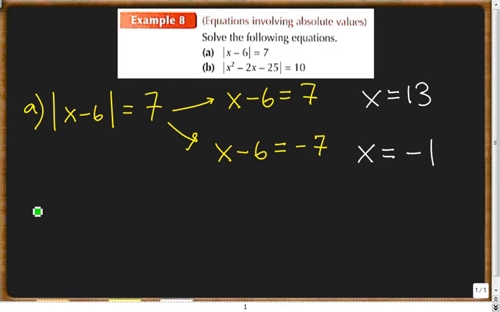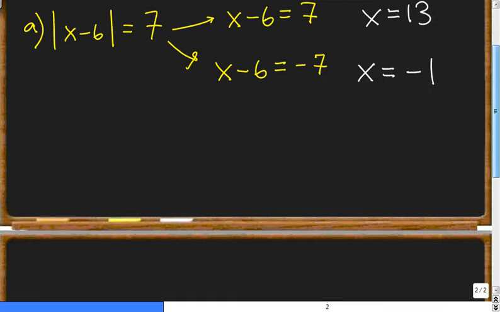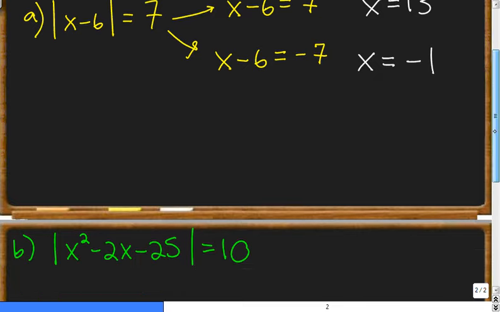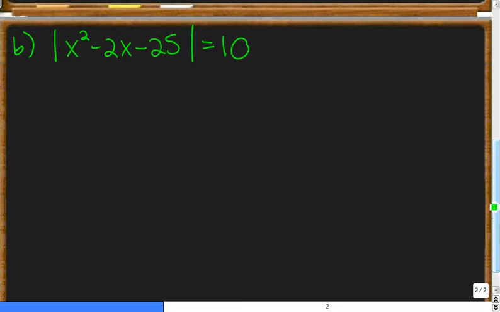B is a little more complex, and I'm going to write this on the next page. So it has the absolute value of x squared minus 2x minus 25 equals 10. Like in our previous example where we had two equations, this one works as well, because we know that, again, the absolute value of 10 equals 10, and the absolute value of negative 10 equals 10.